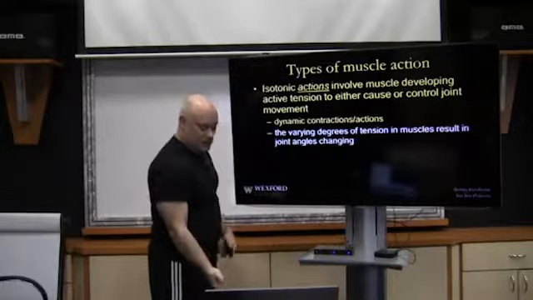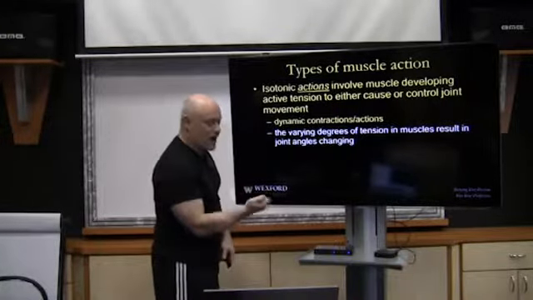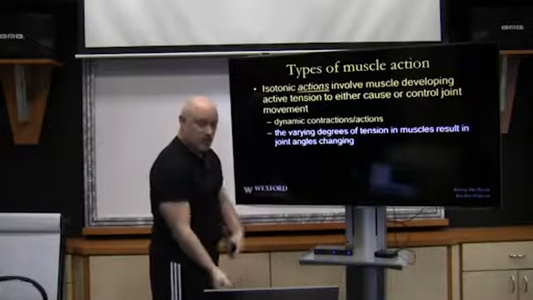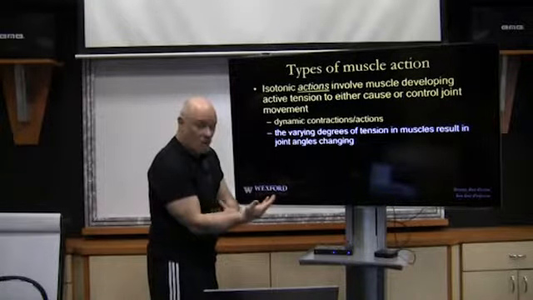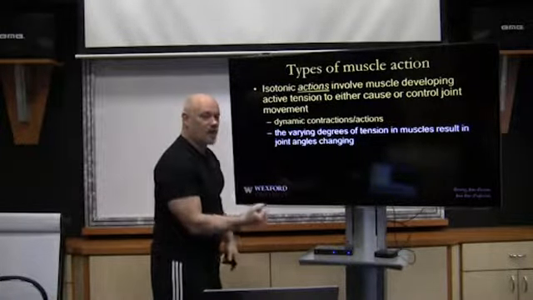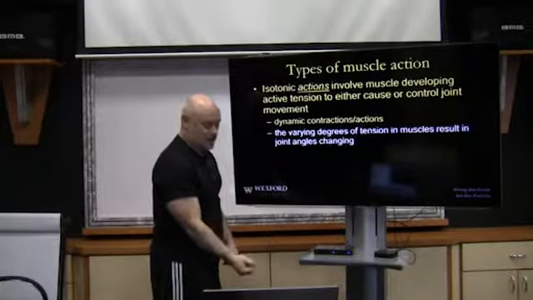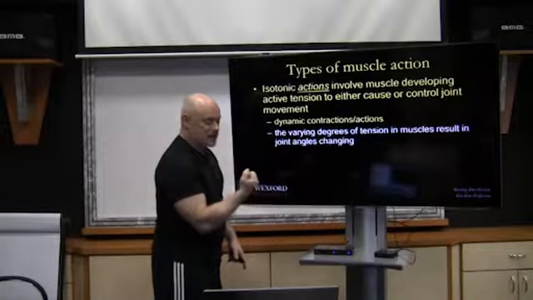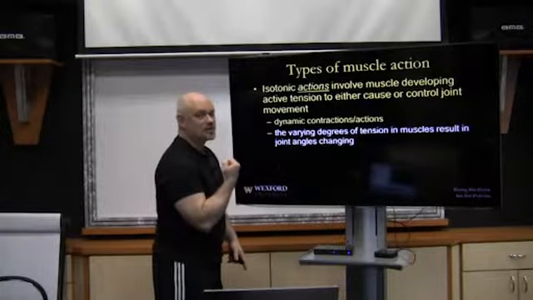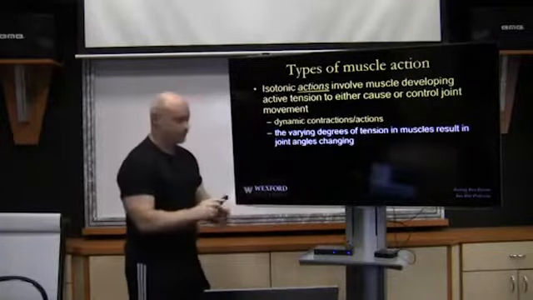The tension is going to change, because as the weight moves away from the joint, it increases the moment arm, so the muscle has to develop more tension as the weight moves away from the joint or axis of rotation. Once it gets past 90, it moves toward the joint again, so the tension is not going to be as great.